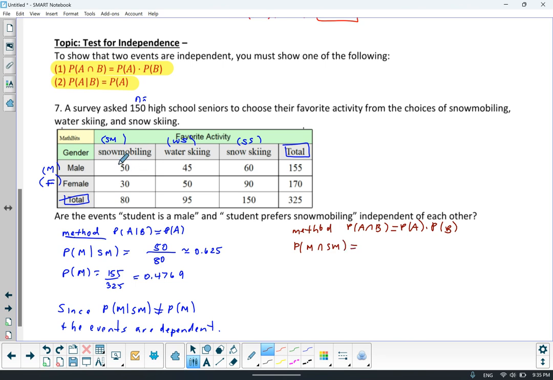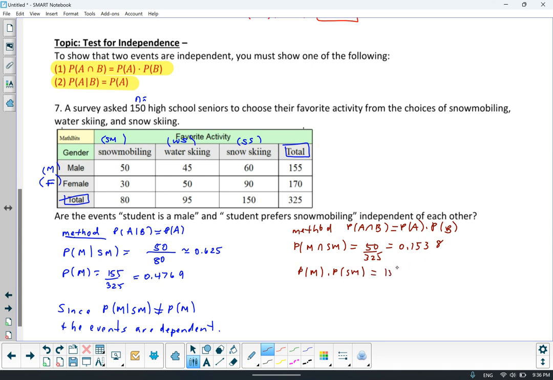So that's 50 out of 325. That's the whole sample size if there's no condition. And that's approximately 0.1538. So now I want to find the probability of male times the probability snowmobiling.